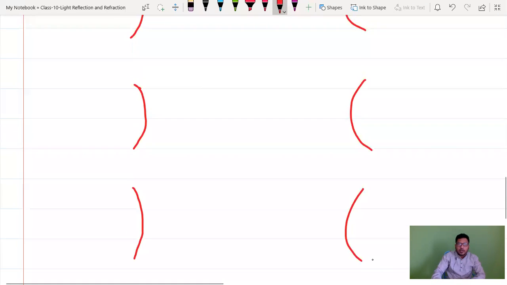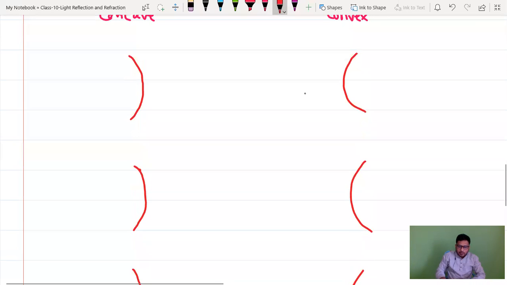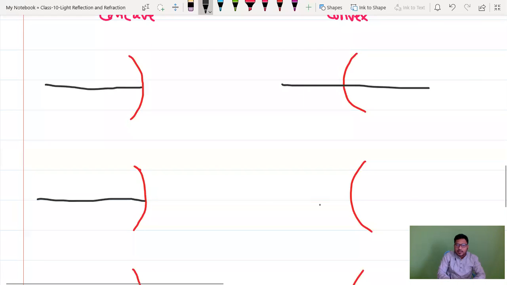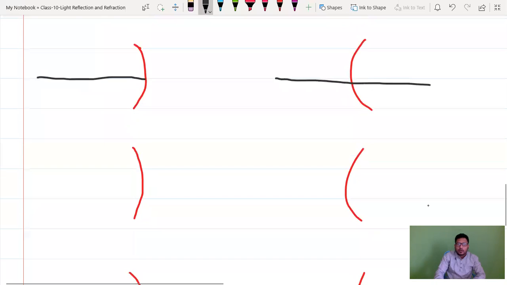Okay, for all what we have to draw? Principal axes, isn't it? For concave you are drawing the principal axis up to here, but guys, for convex, please draw two sides. Concave, principal axis one side, convex two sides. I'll tell you why we have to draw two sides.